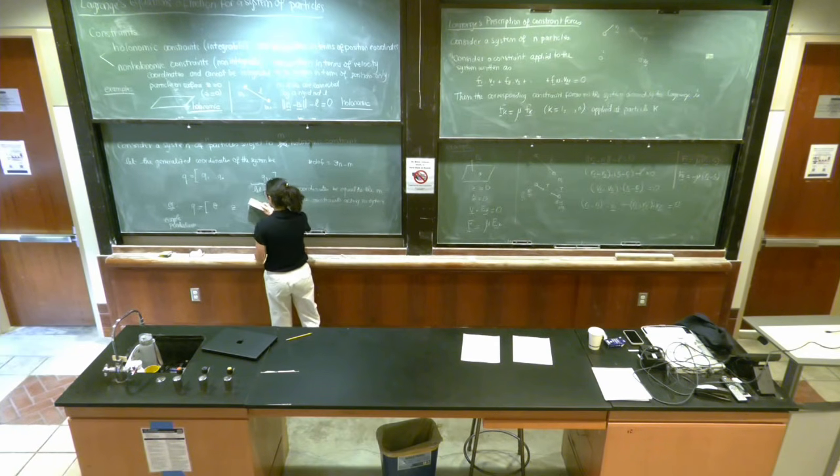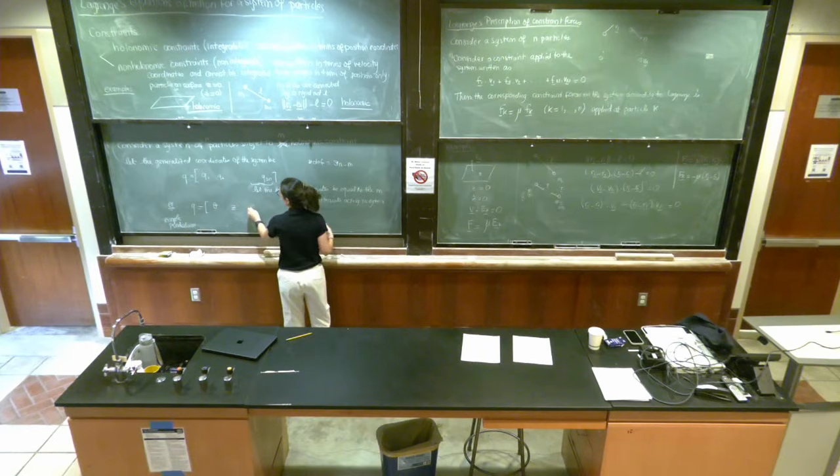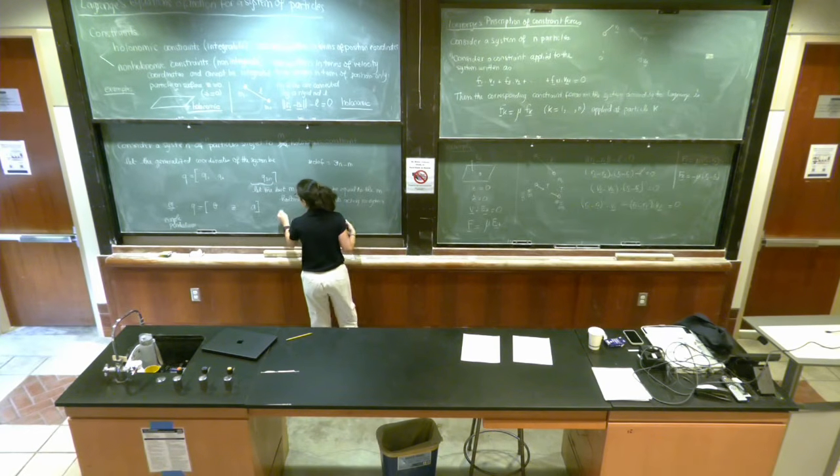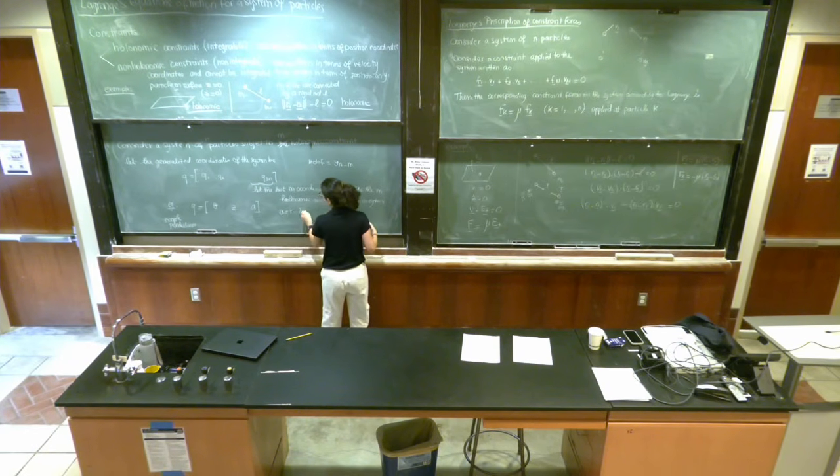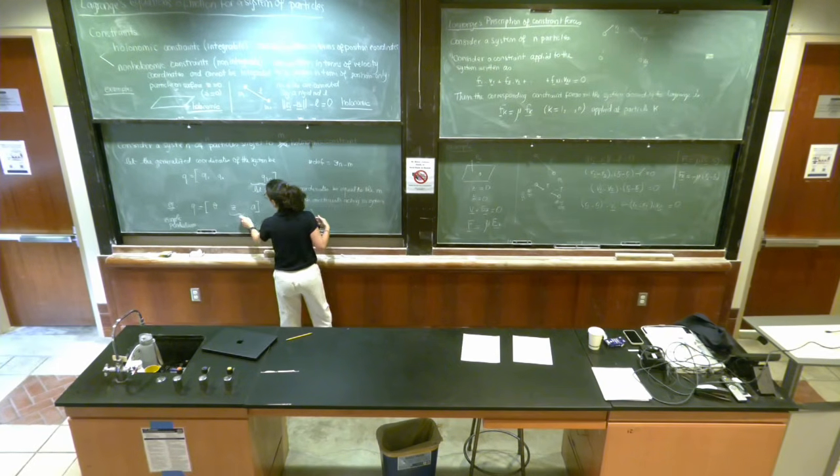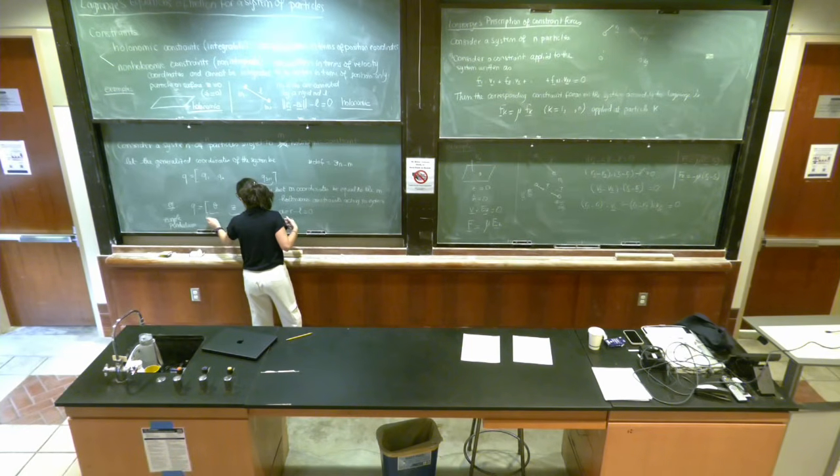Sorry, I'll define a new coordinate a, where a is r minus l, and that's equal to 0. And z equals 0. So these are the 2 constrained coordinates, and this is the free DOF.